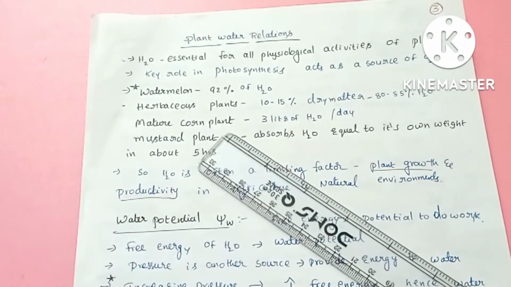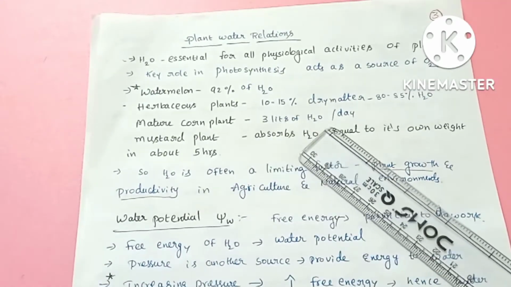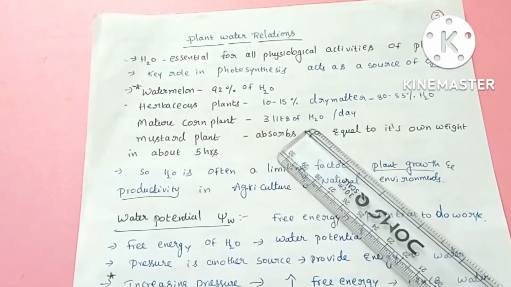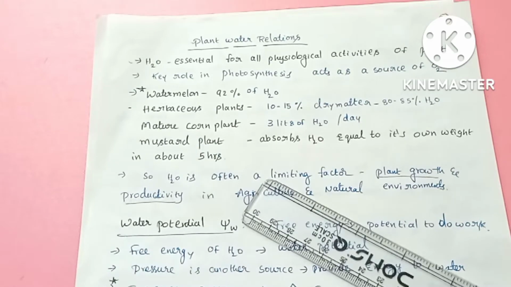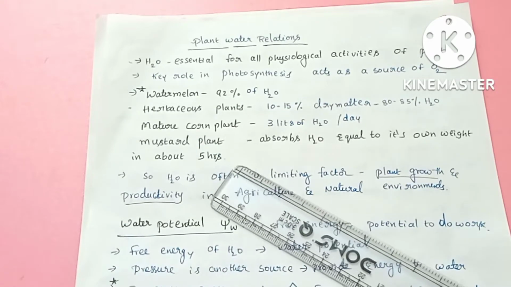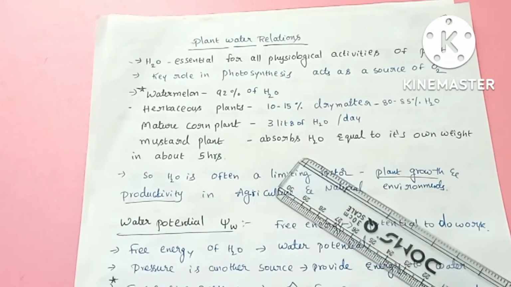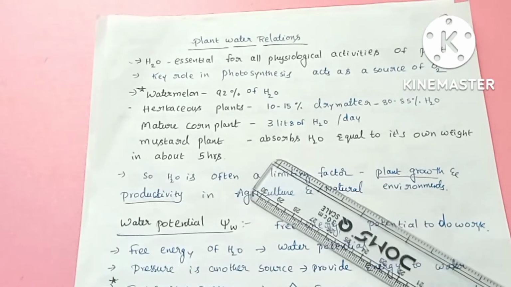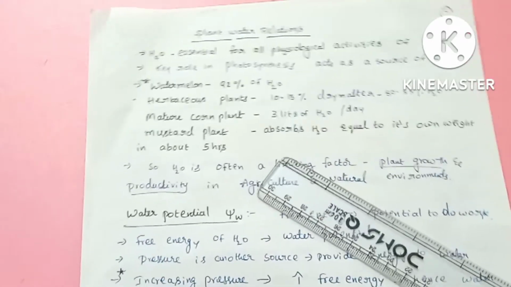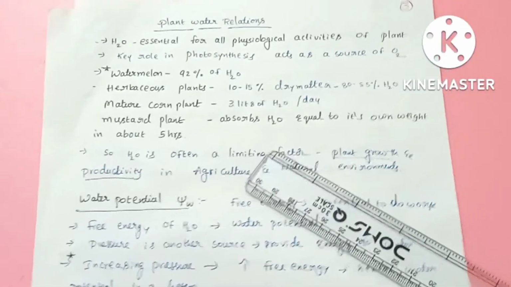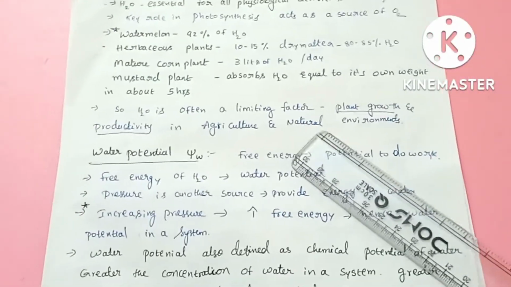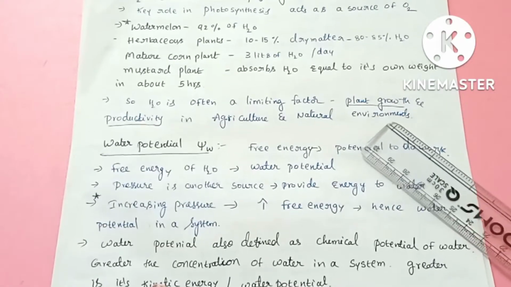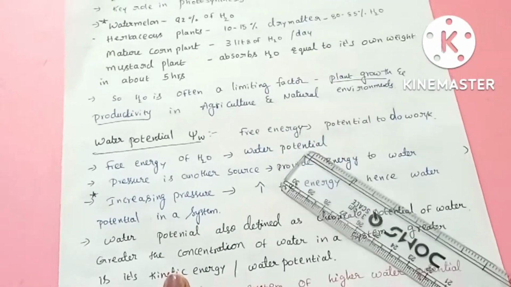Mature corn plants absorb nearly 3 liters of water per day, whereas mustard plants absorb water equal to their own weight in about 5 hours. So for all plants, water plays an important role, and water acts as a limiting factor for productivity and growth of plants in agriculture.